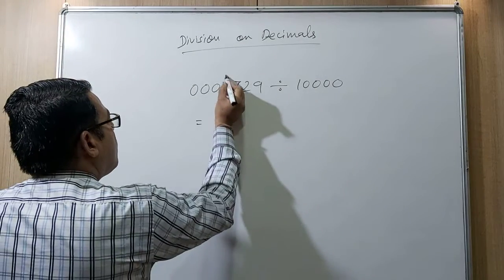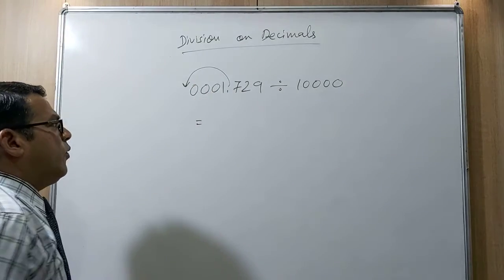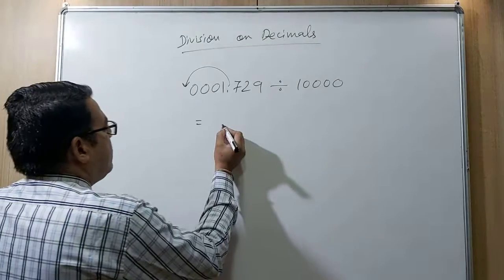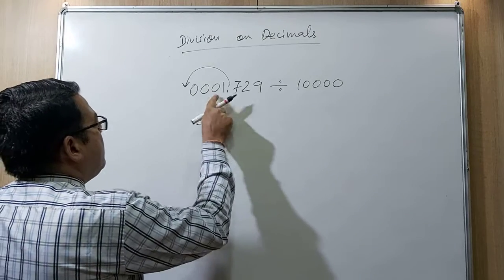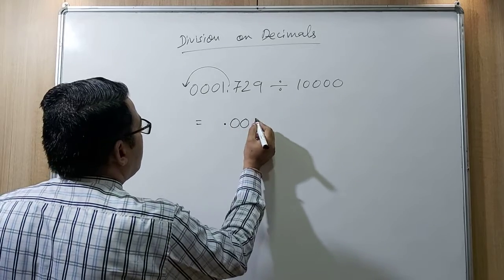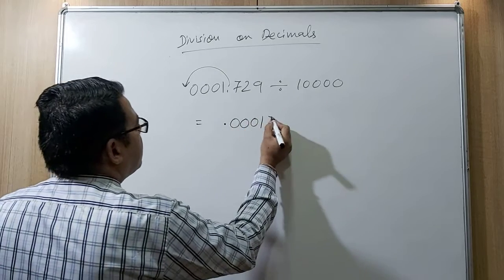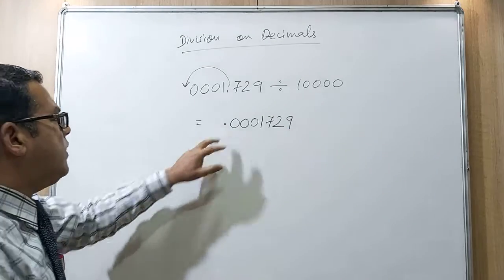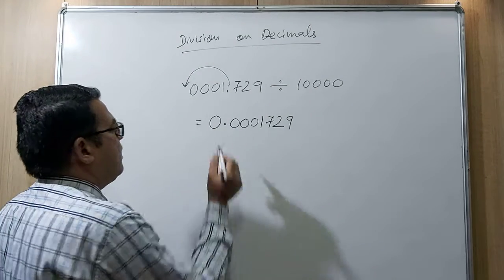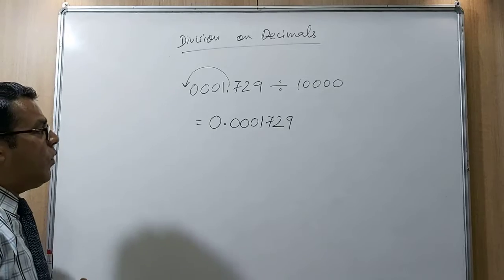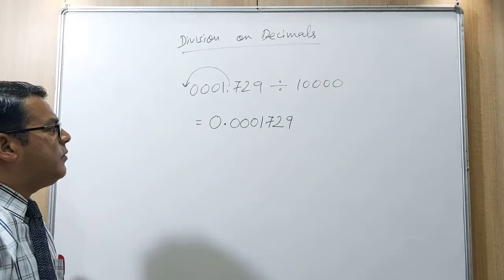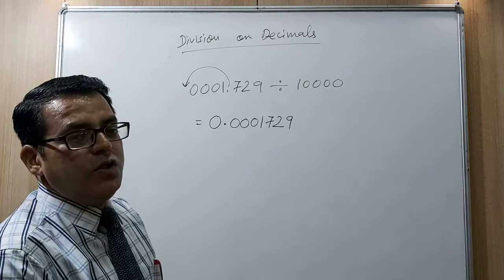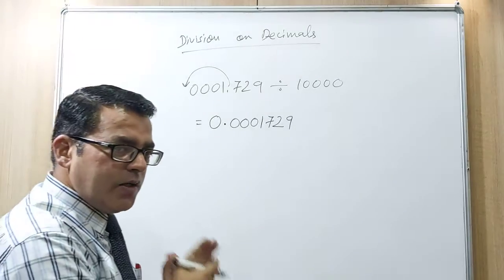So we can shift this decimal point before this 0. Now the point we can write, then 3 zeros in a row, then 1, then 7, then 2, then 9. And before this decimal point we should write 0. So what we have after dividing it? We have 0.0001729. Hope you understand, guys.